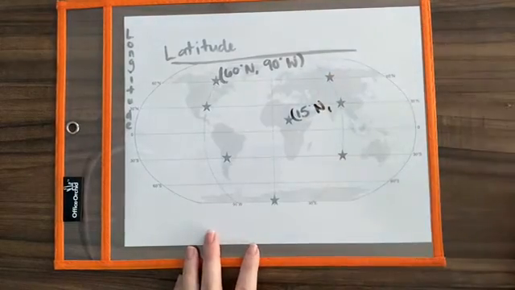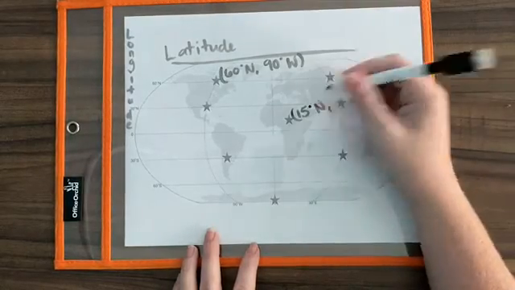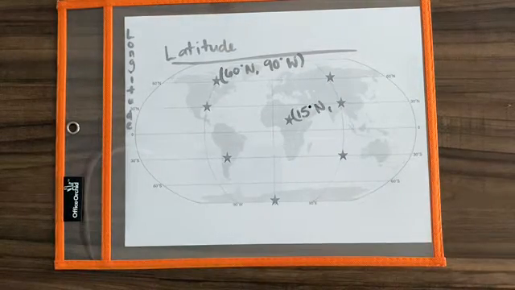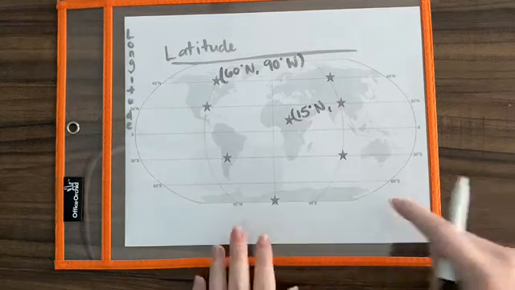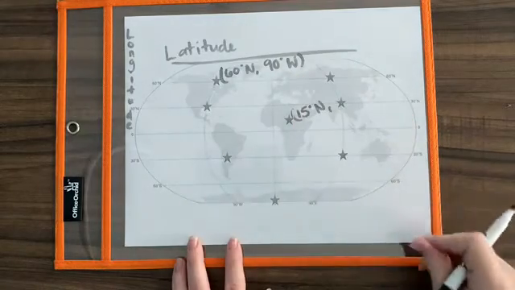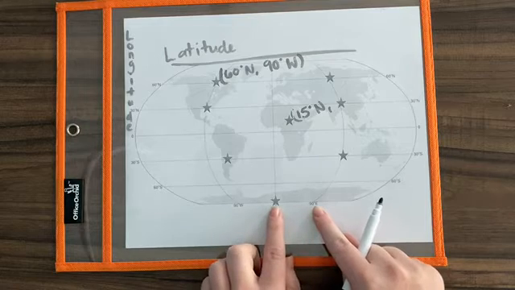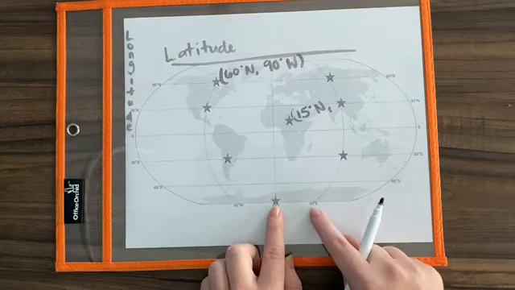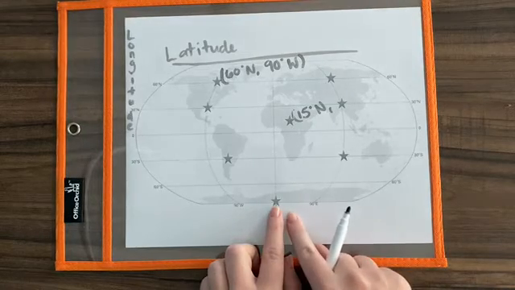Now we don't know for sure if it's 15 degrees. That's okay. Sometimes we have to guess, and we have to do our best guess. There's nothing wrong with that. So, up and down, it's not on a line either. But the closest one is 90 degrees east and 0. So we know that it's probably higher than 90.